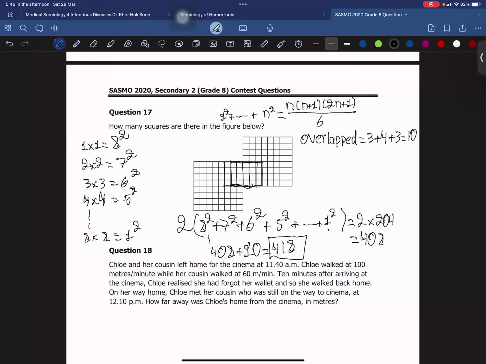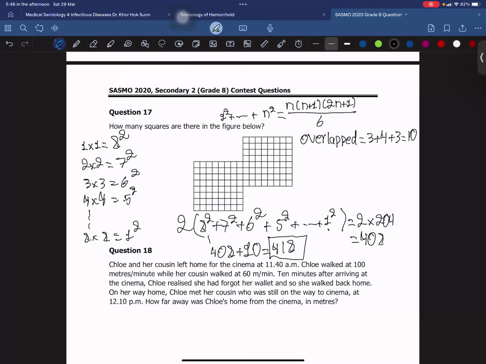So if you draw like this, another one, it's going to be the same as what we drew earlier. So we cannot draw that again and count it again. So like that, we're going to have it as this, which is we already count 2.